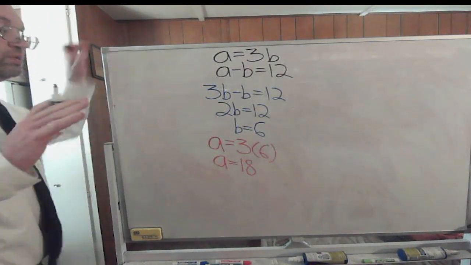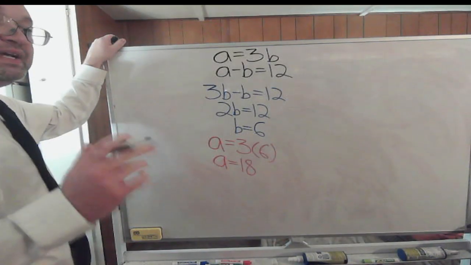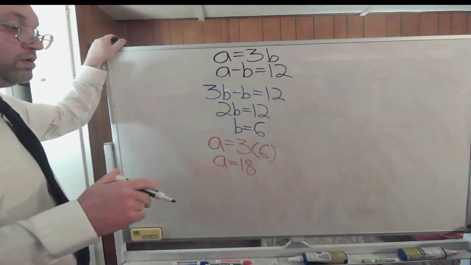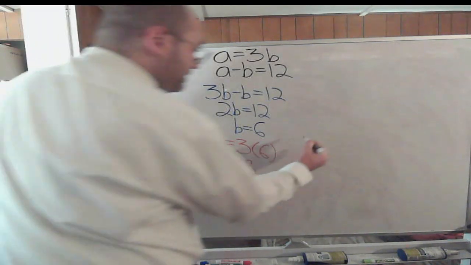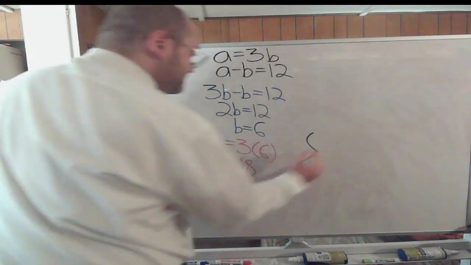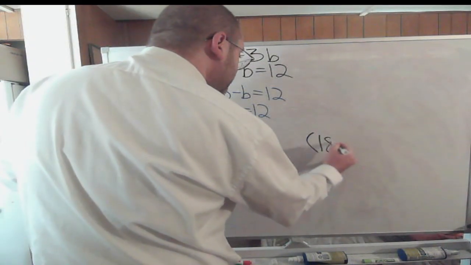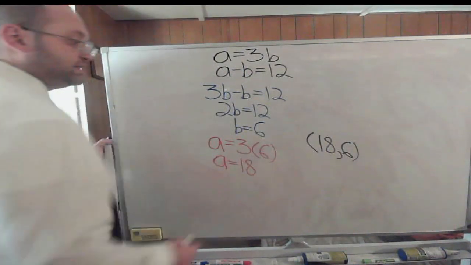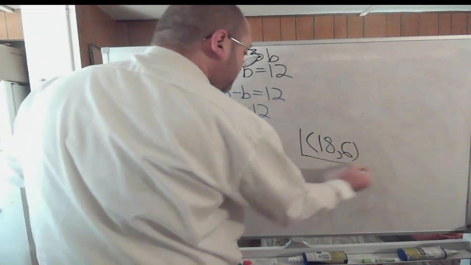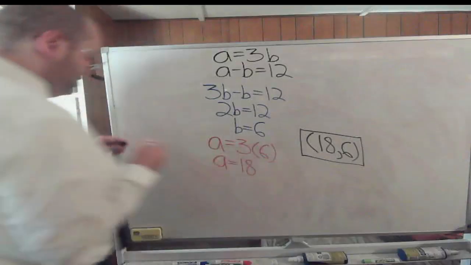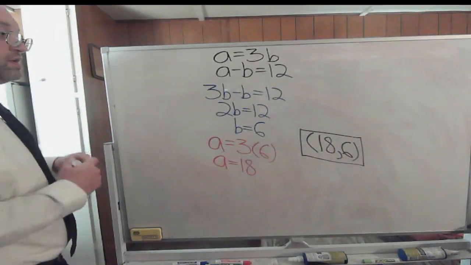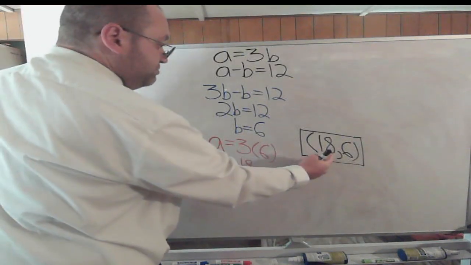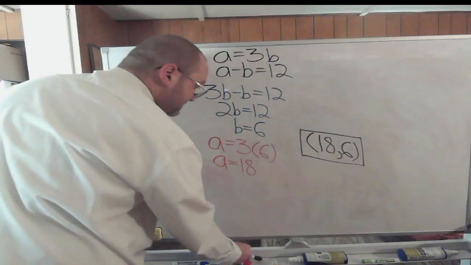Now, when you list coordinates, they need to go in alphabetical order because a comes before b. So a is 18, you'll actually get the coordinate 18, 6. Because this has to go in alphabetical order. So the point of intersection for these is going to be 18, 6.